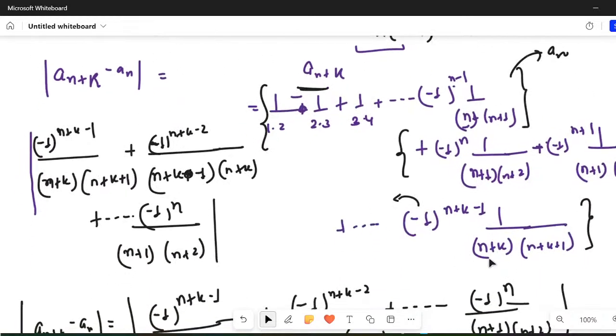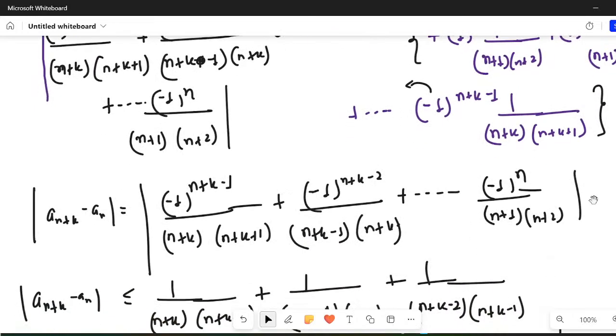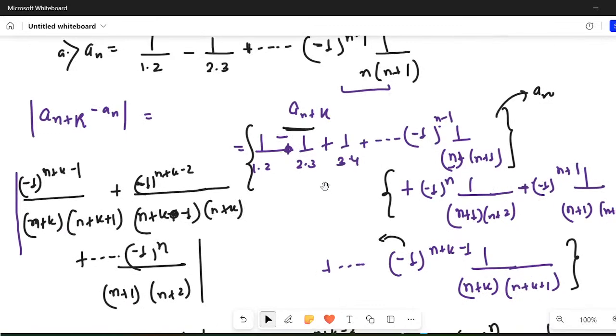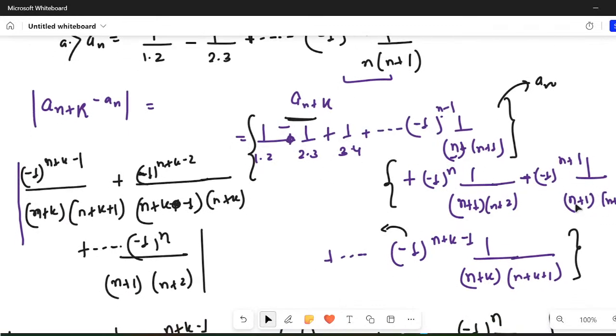Just a term before, it would be n plus k minus 1, and then n plus k. So that is fine. And here this is minus 1 raised to power n plus 1, and you have this n plus 2 here. The next term would be what? Okay, I have written the same thing, right? Okay, sorry.